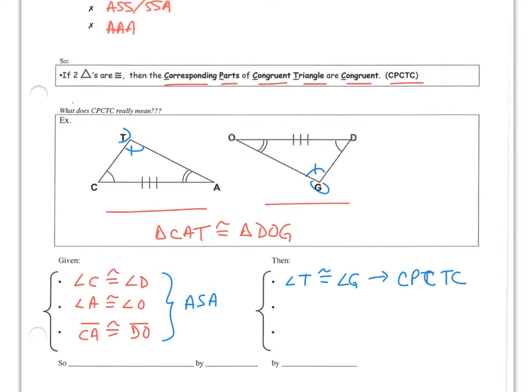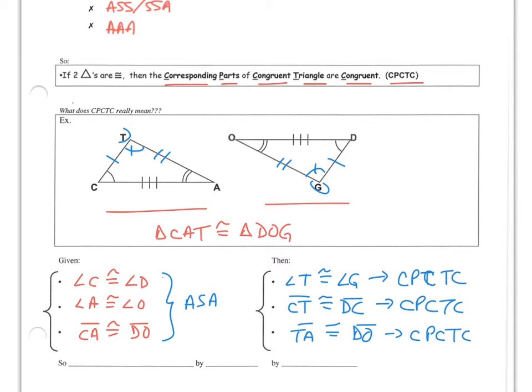I can say that CT is congruent to DG because of CPCTC, that this side is congruent to this side, because since the triangles are congruent, that means that those corresponding sides have to be congruent. And then I can also conclude that TA is congruent to GO, and the reason I can say that is because of CPCTC.